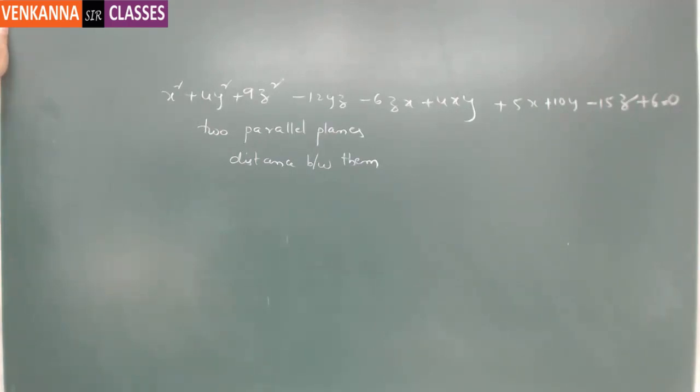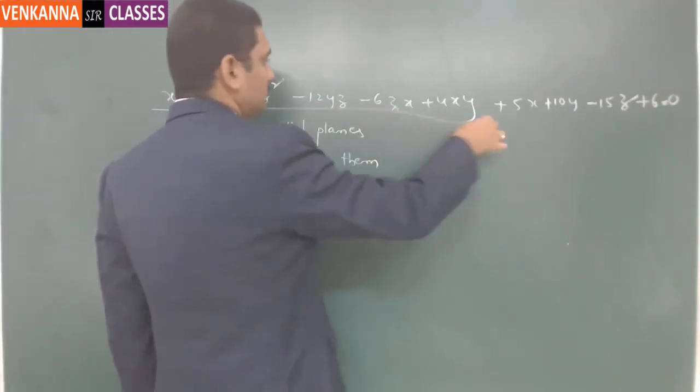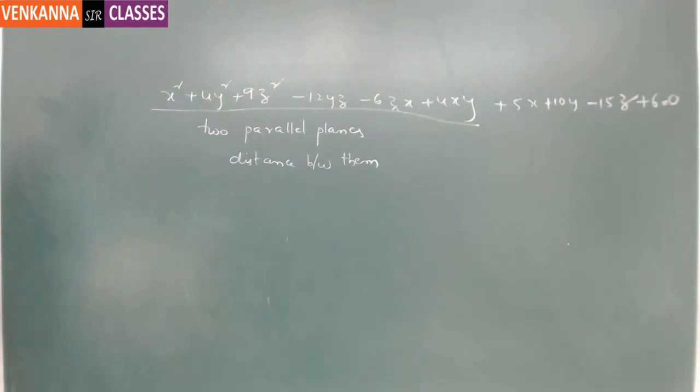Now, for this you have two approaches available. One approach, first of all we take the homogeneous part here. Now I observe, is it possible to write this thing as square of something?